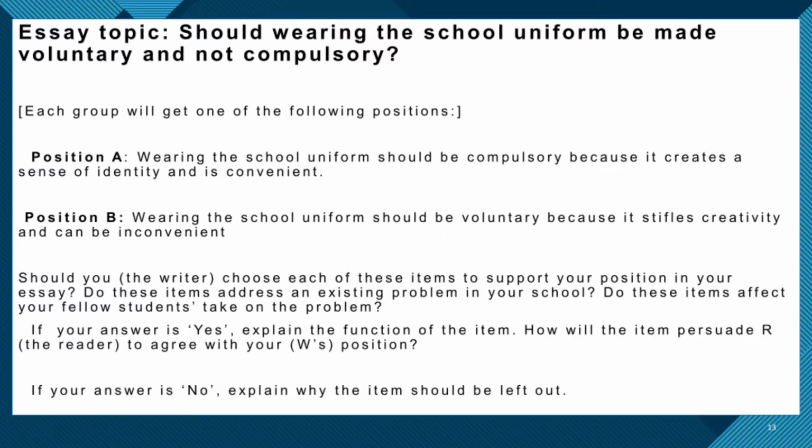In position A, wearing the school uniform should be compulsory because it creates a sense of identity and is convenient. And in position B, wearing the school uniform should be voluntary because it stifles creativity and can be inconvenient. Then groups were asked to justify their group's decision with reference to the rhetorical goal reflected in the position statement.